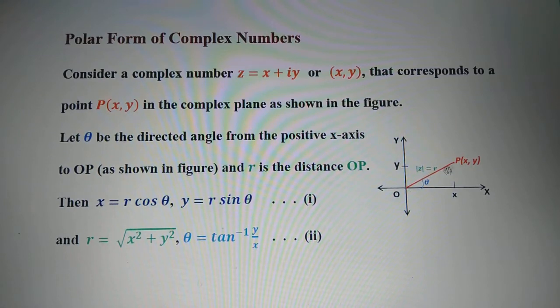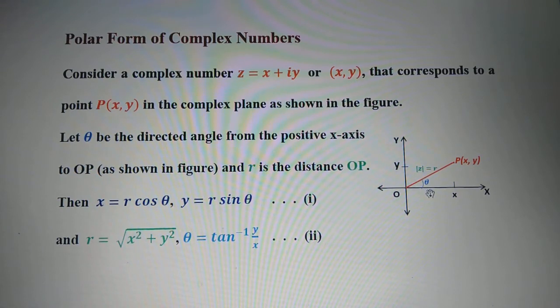That means the distance OP is r. If you complete this triangle, O, and suppose this point is A having coordinate x, then we consider the triangle OAP.